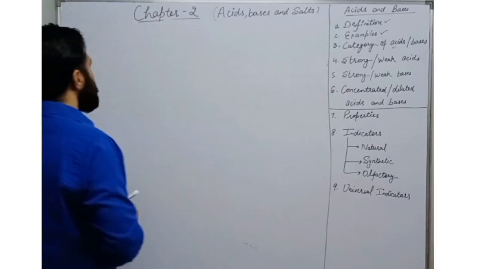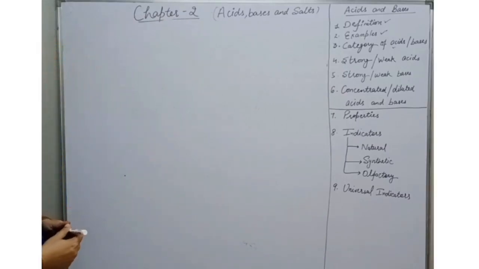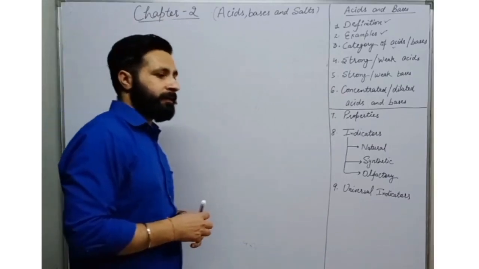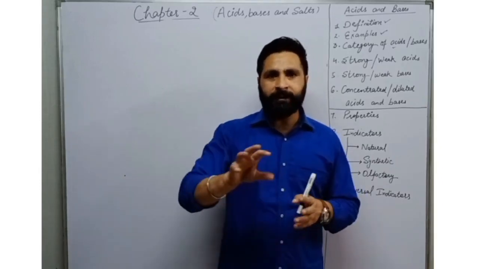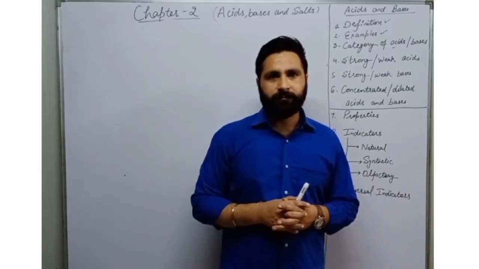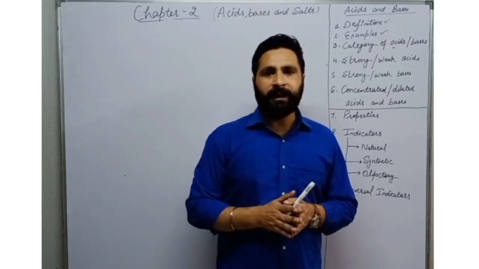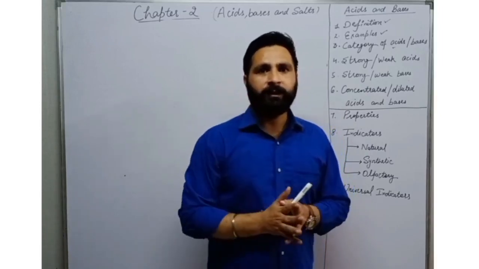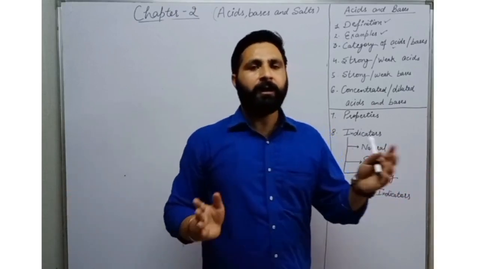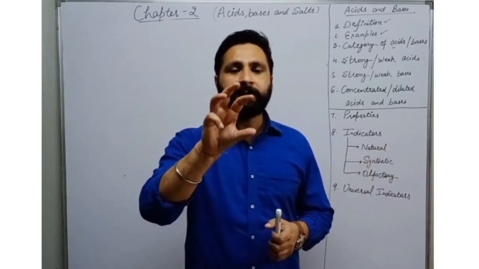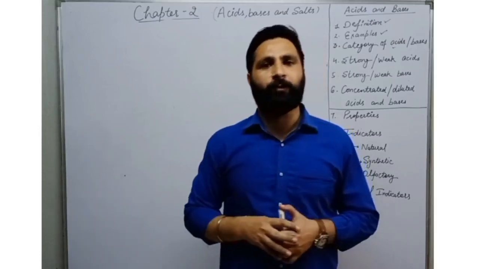So the next point is indicators. What are indicators? Like in your vehicles, indicators indicate where the person ahead of us is taking a turn, either on the right side or the left side. They just give some information.